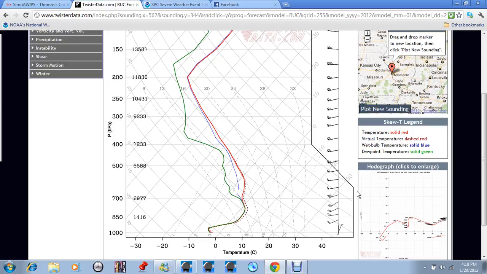You've all seen weather balloons being launched into the air, either in a textbook or on TV. At the very end of these weather balloons are sensors. These sensors measure temperature, pressure, wind speed, and the dew point, and they're plotted on this. This is called an atmospheric sounding, or an atmospheric profiler.